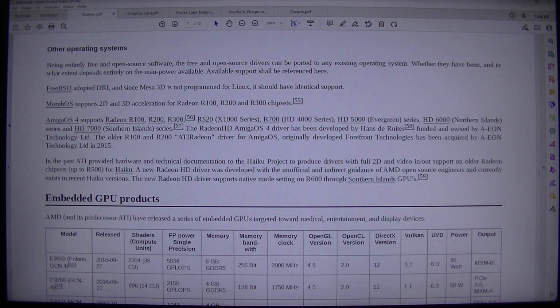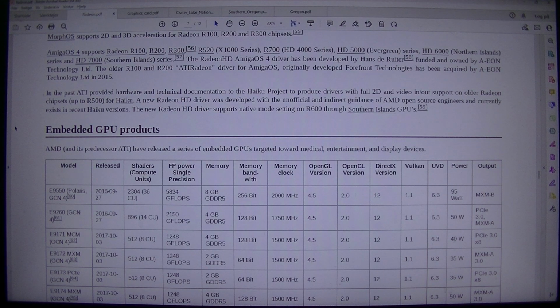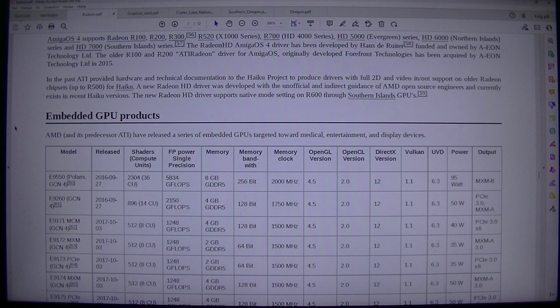AmigaOS 4 supports Radeon R100, R200, R300, R520, X1000 series, R700, HD 4000 series, HD 5000 Evergreen series, HD 6000 Northern Islands series and HD 7000 Southern Islands series.